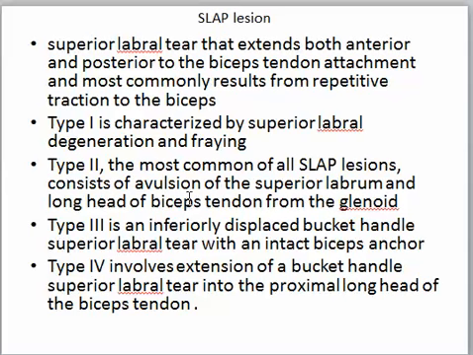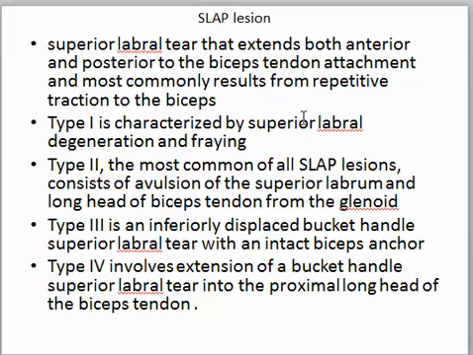The long head of biceps, as we said, has two attachments, one to the glenoid and one to the labrum. So if the torn superior labrum is avulsed with avulsion of the attached biceps from the glenoid, this is the second type.